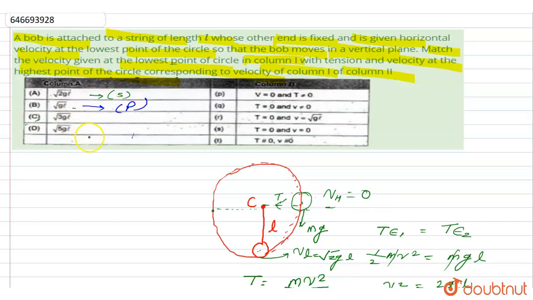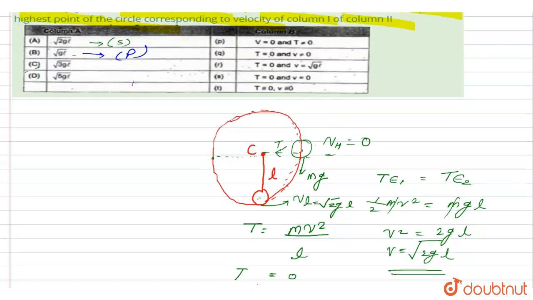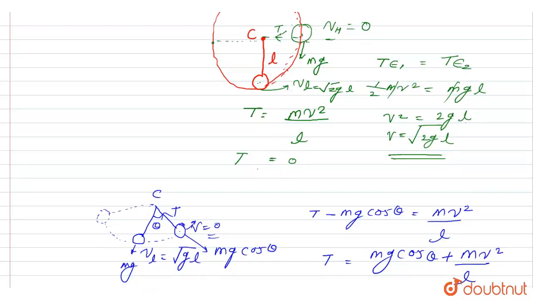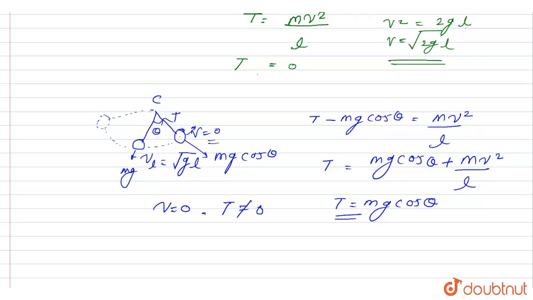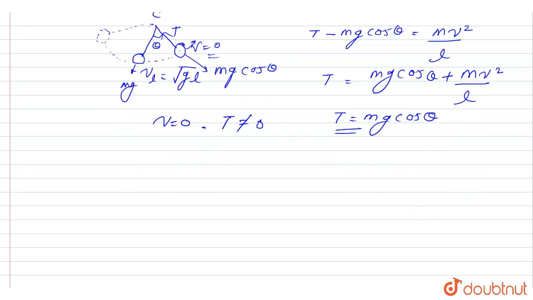After that, it is under root 3gl. From both cases, obviously, you should consider this. If we take the lowest velocity under root gl, it moves to this position. If we take the lowest velocity under root 2gl, it completes its half rotation.